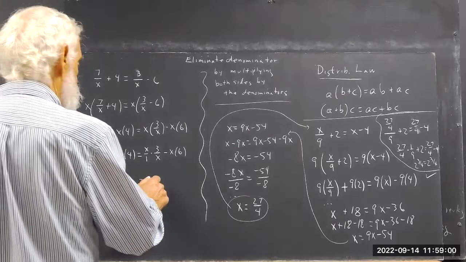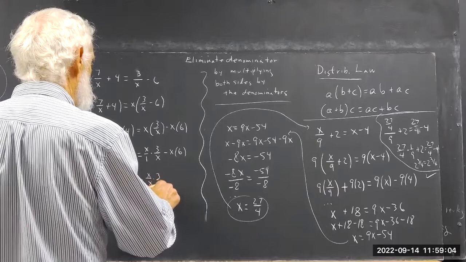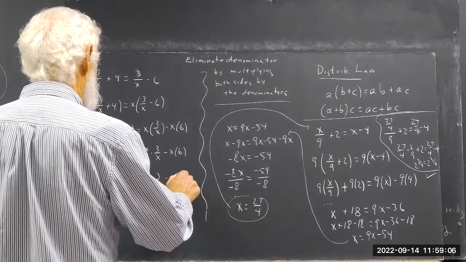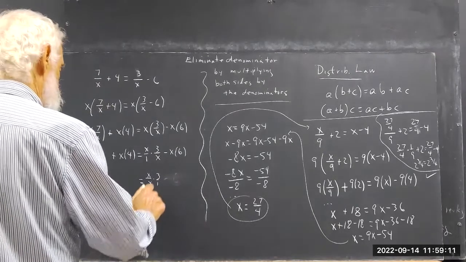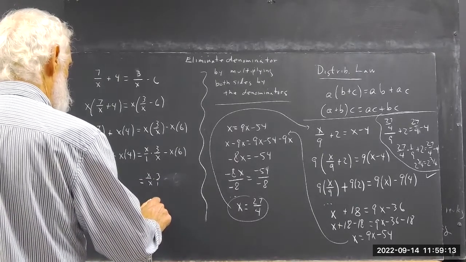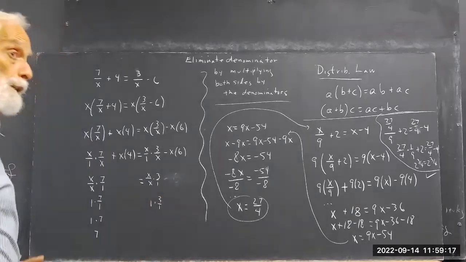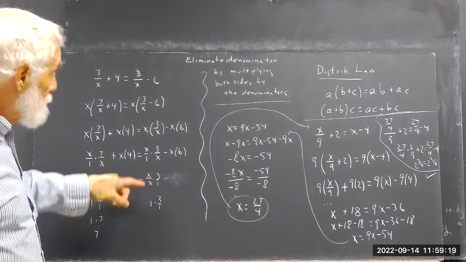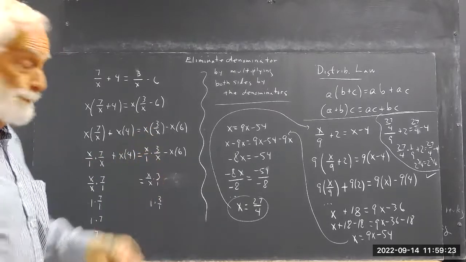Anyhow, this becomes x over x times 3 over 1 minus 6x. I'm not writing this out, so go ahead and bring this down, and this is going to be 1 times 3 over 1. Why is it 1 times 3 over 1? Because x divided by x, anything divided by itself, is 1.